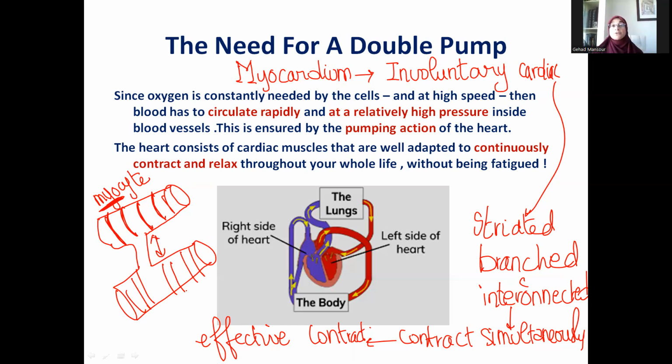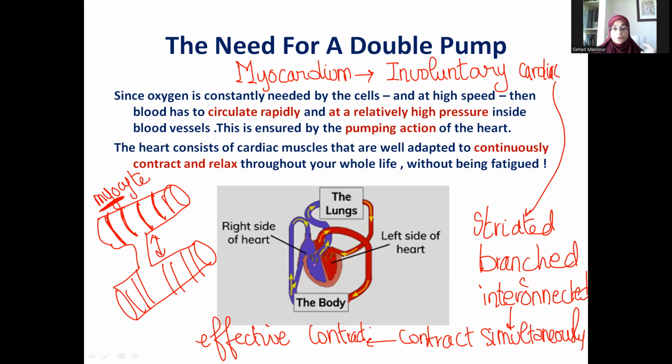And the heart is considered a double pump, because as you see, half the heart carries oxygenated blood and pumps the blood into the arterial side, and half of it carries deoxygenated blood and receives blood from the veins. But there is another reason why we call the heart a double pump.